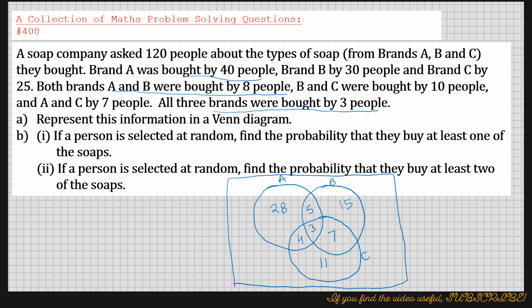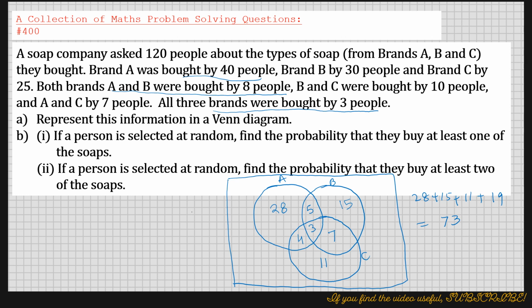So that would be 28 plus 15 plus 11 plus 5 plus 3, 8, plus 4, 12, plus 7 is 19, and that gives me 73 people in total who have bought soap, either one soap or two soaps or three soaps.